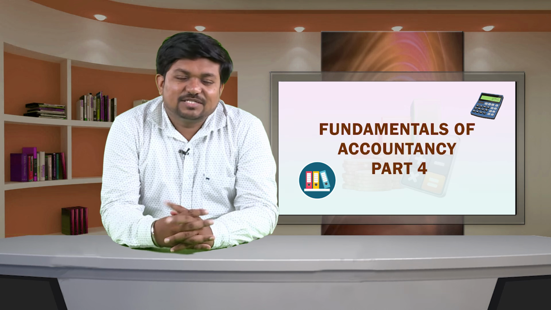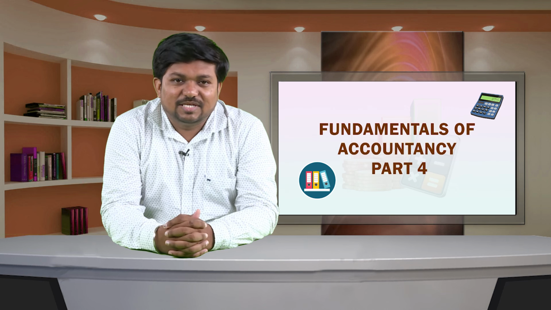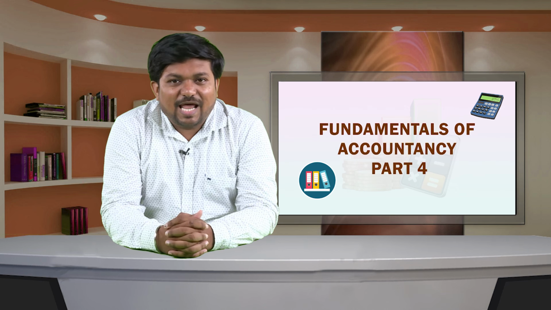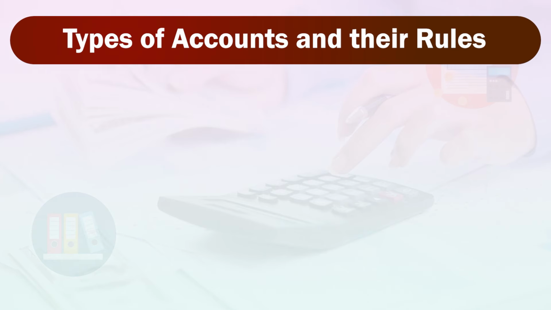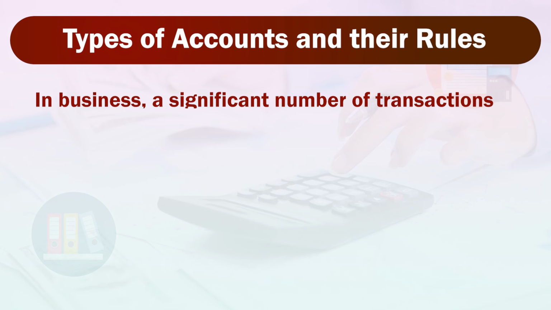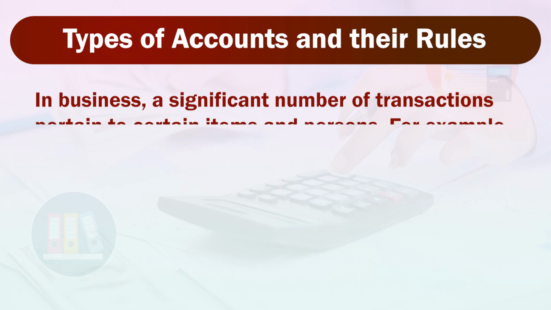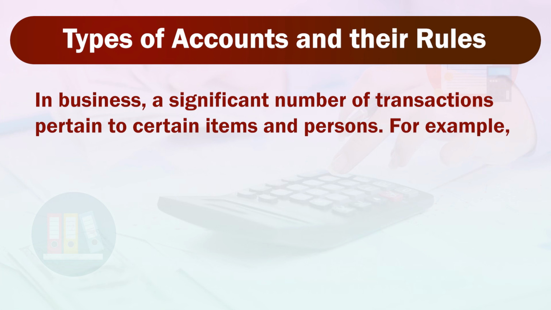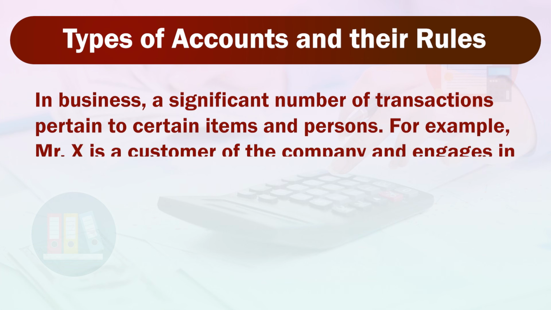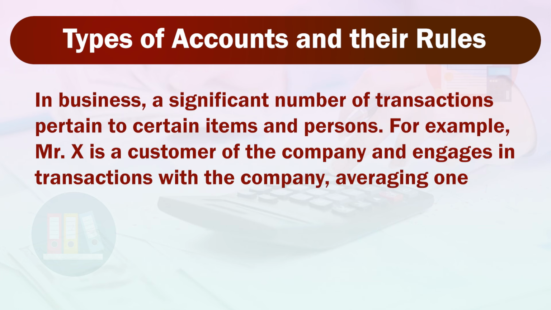Now after having understanding on dual effects of business transaction, now we will acquire information about types of account and their rules. In a business, a significant number of transactions pertain to a certain item and persons. For example, Mr. X is a customer of the company and engages in transaction with the company.